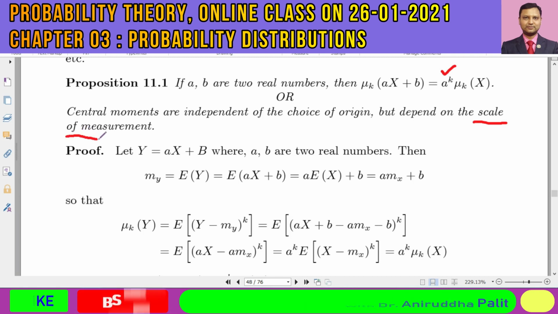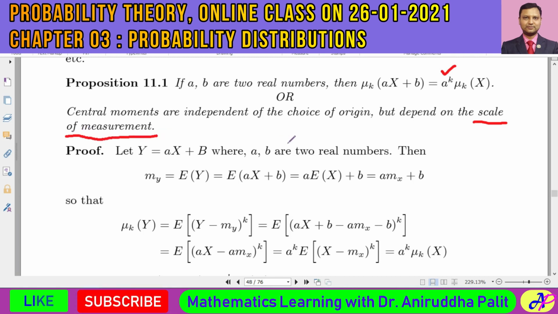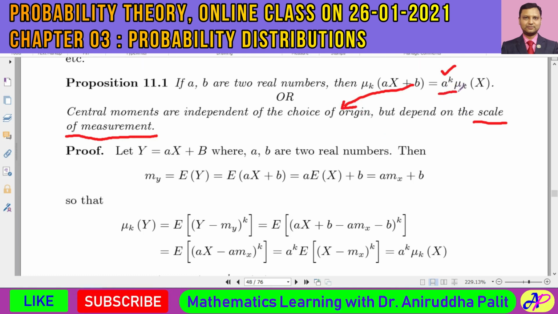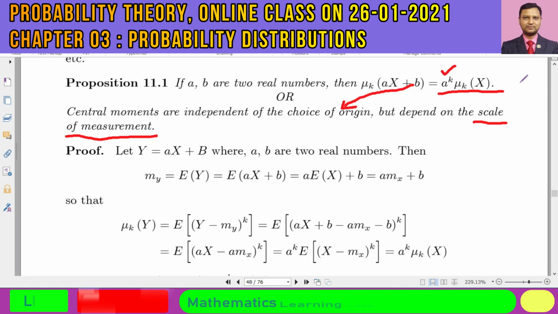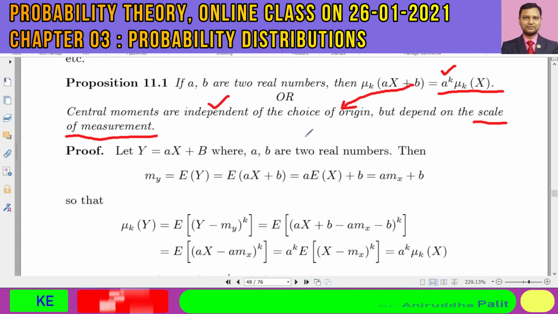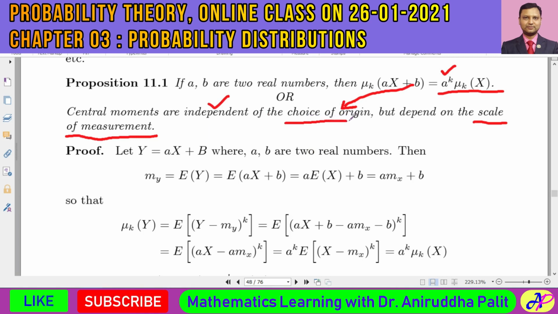The real number small a represents the scale of measurement, and the real number small b represents the position of origin. Because there is no expression involving small b on the right hand side, we can say that the right hand side expression does not depend on the origin. It is independent of the choice of origin.